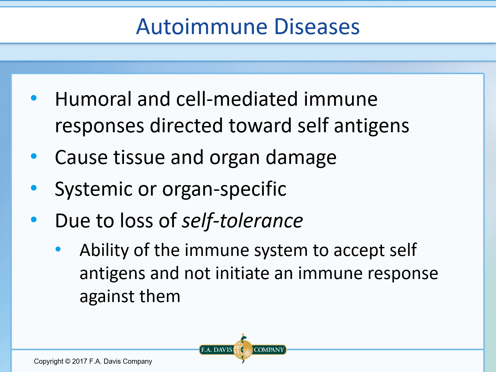Under normal circumstances, the immune system is able to differentiate between self and non-self, or foreign, so that the self-antigens are not destroyed. This is known as self-tolerance, or the ability of the immune system to accept self-antigens and not initiate a response against them. So autoimmune diseases are thought to result from the loss of this self-tolerance.